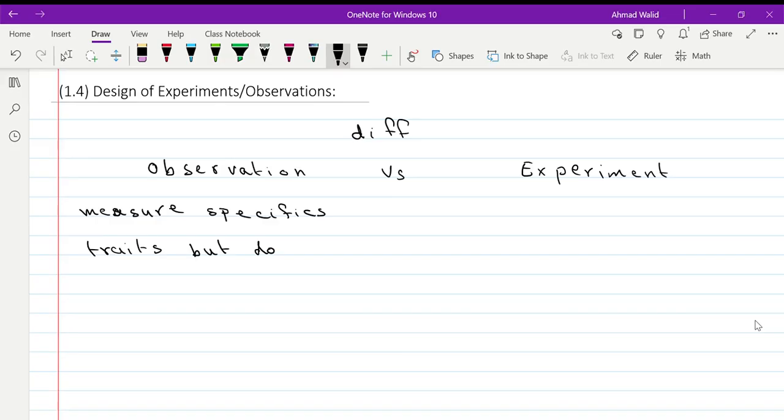I will explain it. What does it mean? Okay, but does not modify. The experiment modifies the subject.